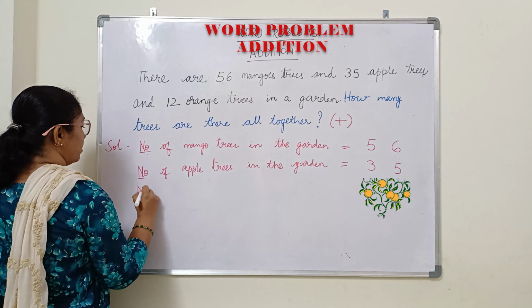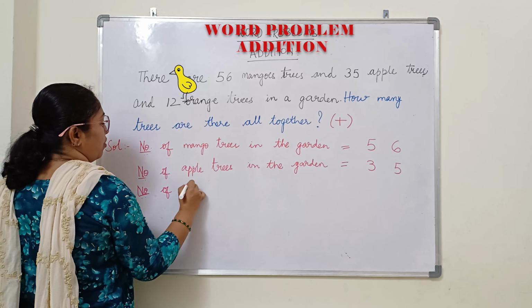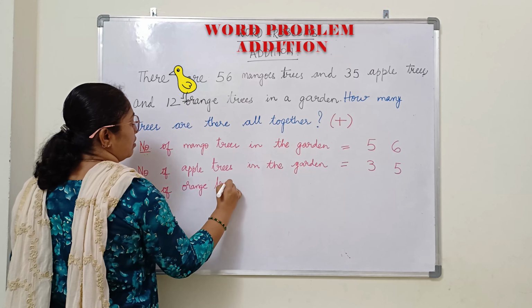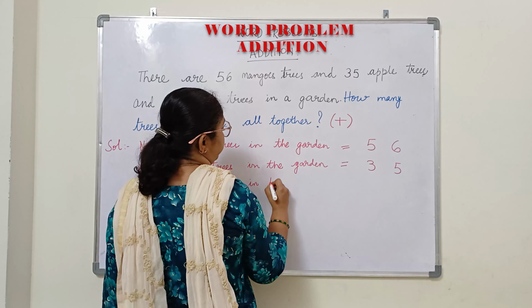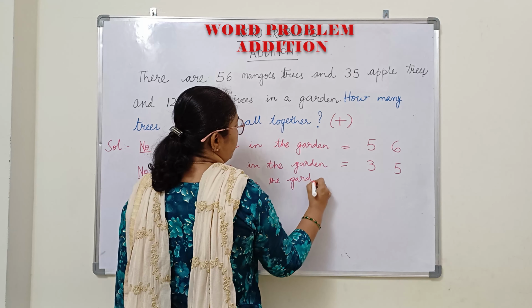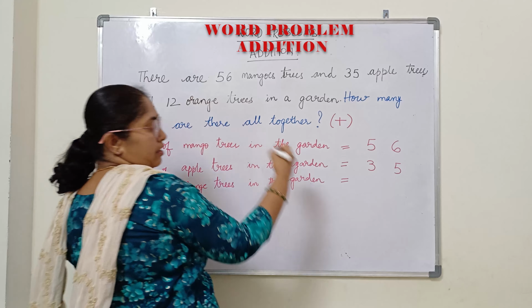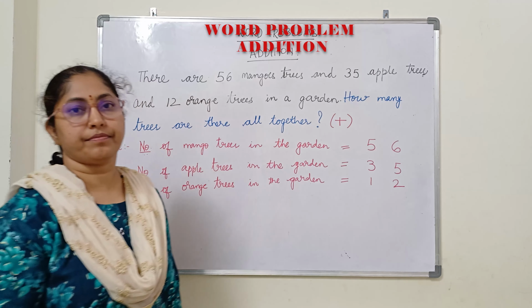So number of orange trees in the garden is equals to, how much is it? 12. So write 12.